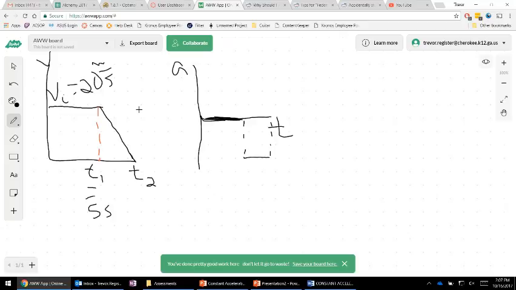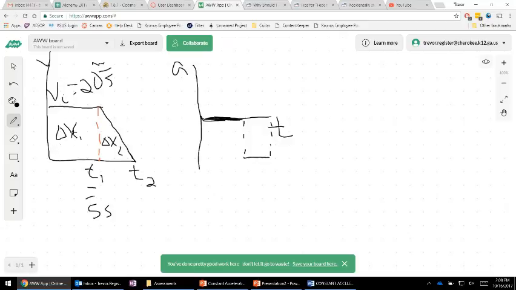And now finally I need to put the delta x on here to represent the distance the car travels. But like with my t1 and t2, since I've got two different sections here, the constant velocity section and the slowing down section, instead of delta x, I'm going to call them delta x1 and delta x2. Just to show that these are two different distances, and so I want to use two different variables.